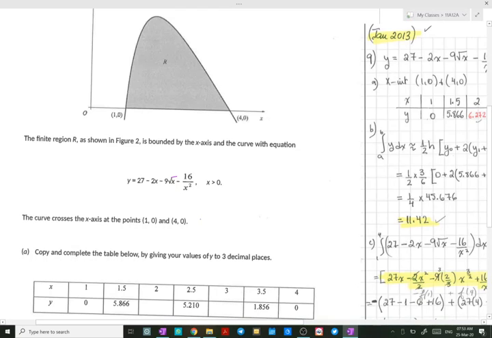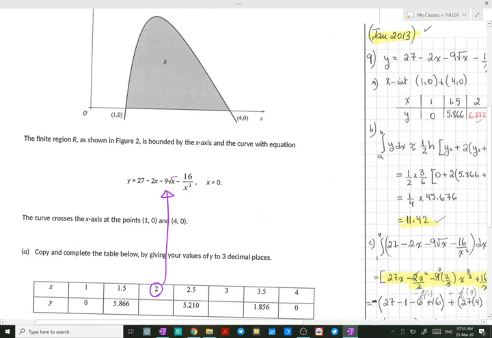Copy and complete the table below, giving your values of y to 3 decimal places. In order to complete the table, you need to substitute x in the function.